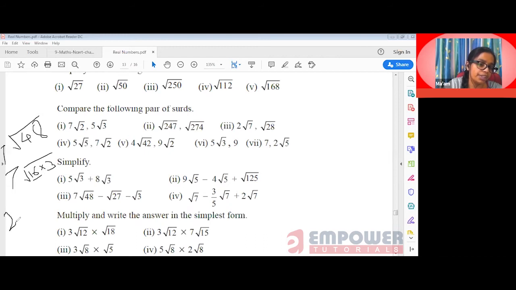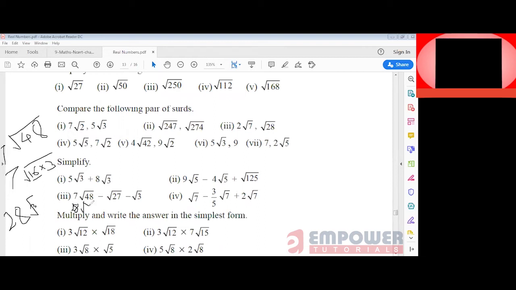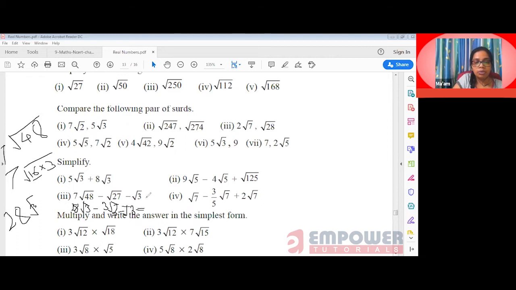So 7 fours are 28 root 3. So this will be 28 root 3 minus 3 root 3 minus root 3. So 28 minus 3 will be 25 root 3, and 25 root 3 minus root 3 will be equal to 24 root 3. So the answer of this will be 24 root 3.